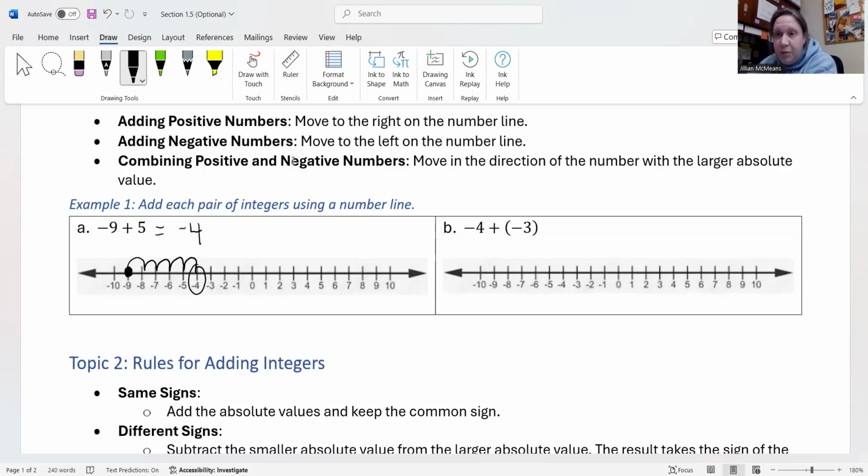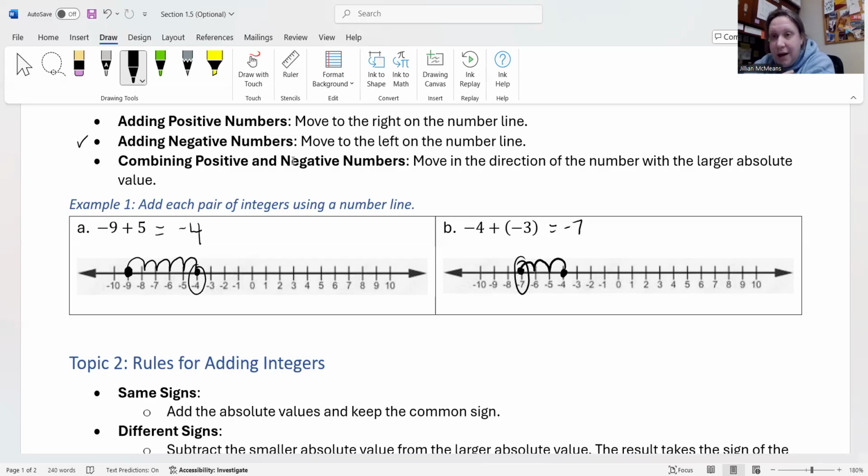Let's look at example B, which is a little bit different. I'm going to start at -4 and then add -3. If we look at the second bullet point, it says adding negative numbers means moving to the left on a number line. So from -4, I move to the left 1, 2, 3 places, and that puts me at -7.